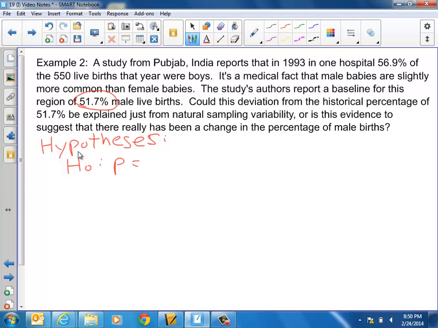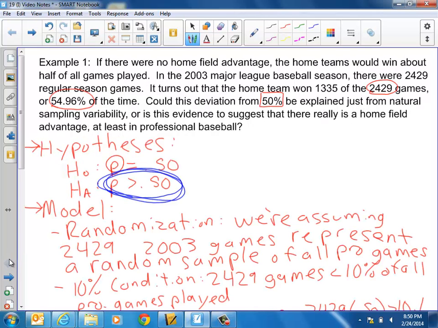The defendant's claiming that even though we've got this sample in 1993 where we got a lot of male births, it doesn't matter. The true percentage of male births in this Punjab, India area is still 0.517. Well, we are testing against that, the alternative hypothesis, that the true population proportion of male births is not equal to. Notice the difference here.